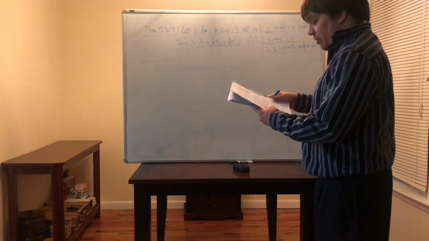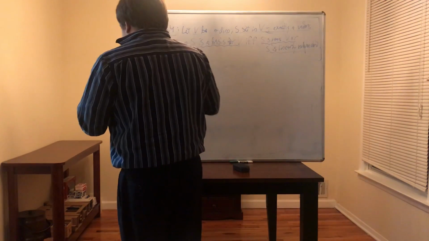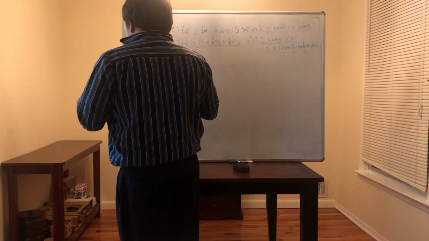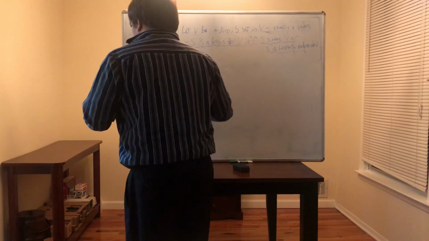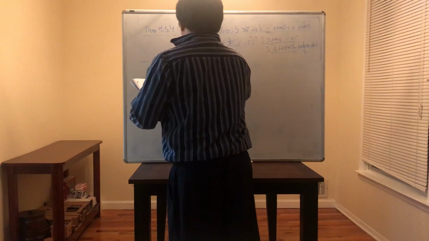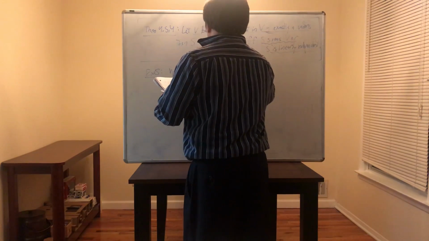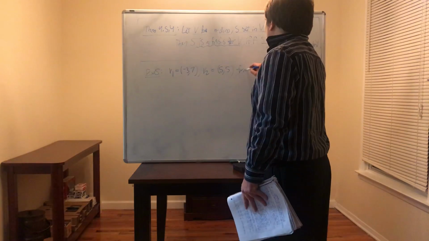That's theorem 4.5.4. In example 5 in this section, v1, which is -3, 7, and v2, which is 5, 5, form a basis for R3.